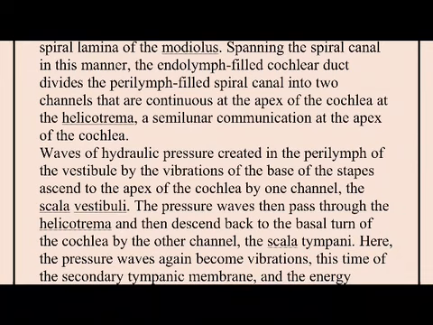You have the cochlear duct spanning the spiral canal in a manner such that the endolymph-filled cochlear duct divides the perilymph-filled spiral canal into two channels that are continuous at the apex of the cochlea at a region we call the helicotrema. That gives a semilunar communication at the apex of the cochlea.